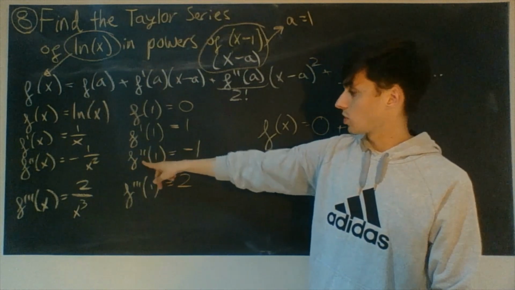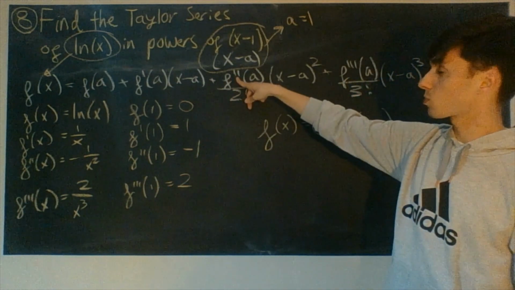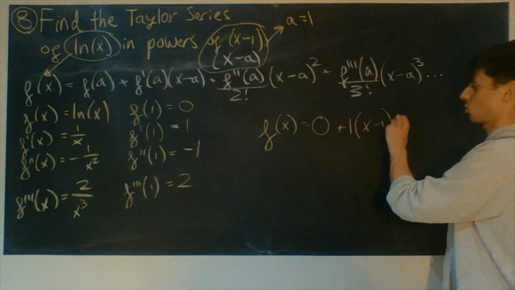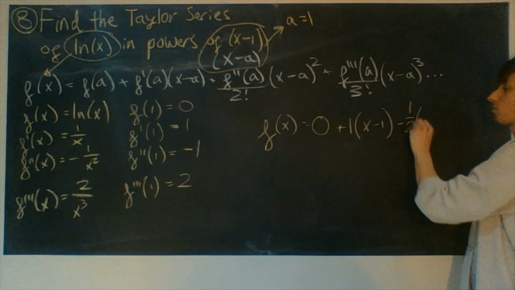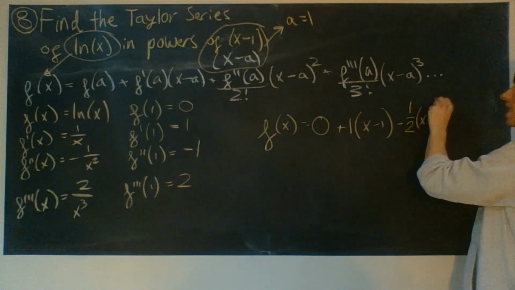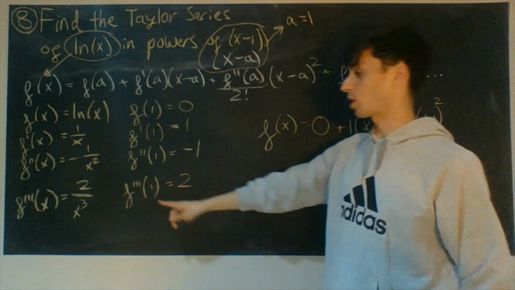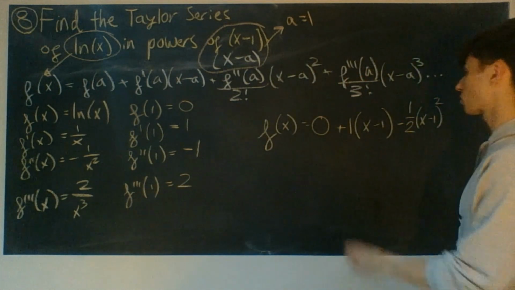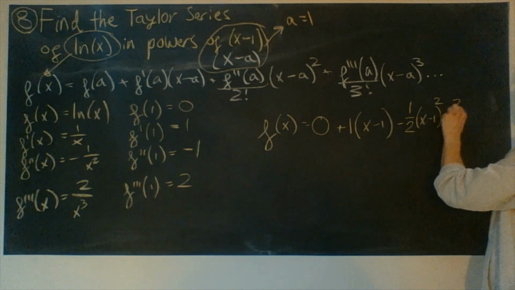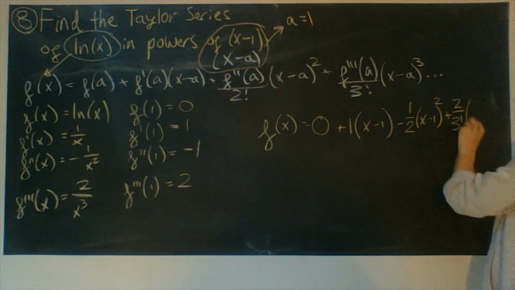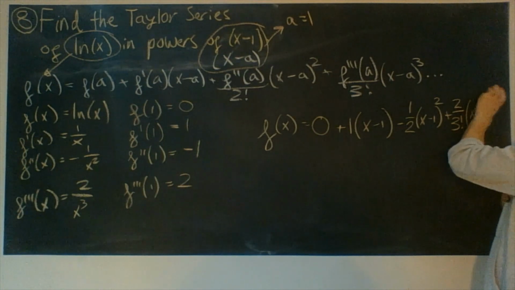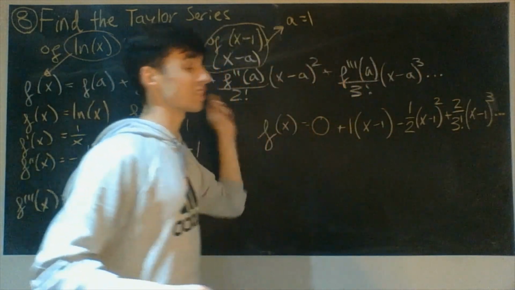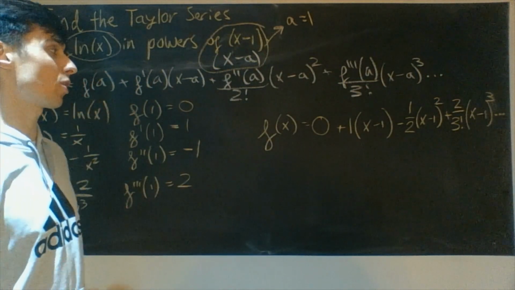Our next coefficient is minus 1 for the second derivative over 2 factorial. 2 factorial is just 2. So minus 1 half x minus 1 squared. And if we can squeeze our cubed term in there, the third derivative is 2, so it's going to be 2 over 3 factorial, x minus 1 cubed. And I've put dot dot dot after because of course this continues on to infinity if we want.